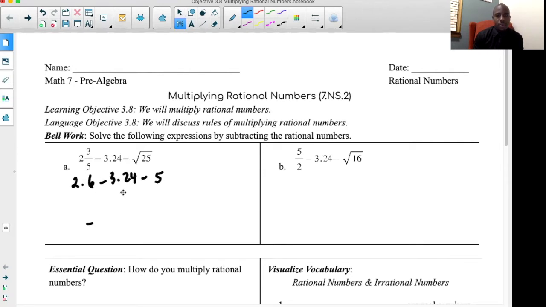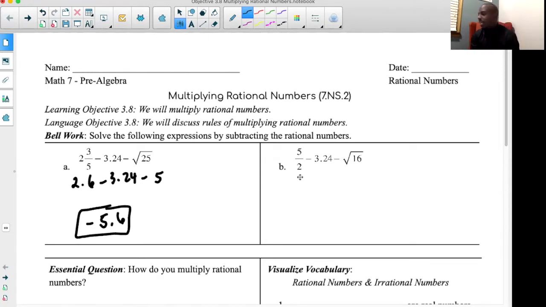Give me one more second. That's -1. Okay, so -5.6. Oh, that is the answer for A.